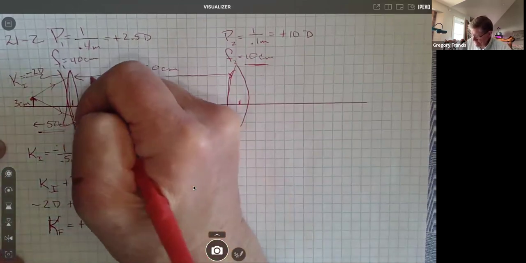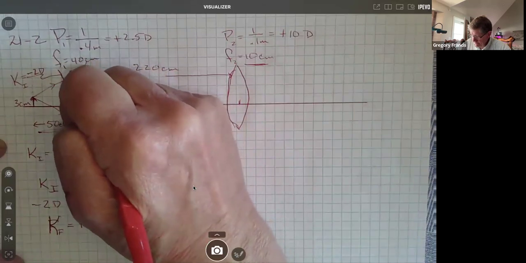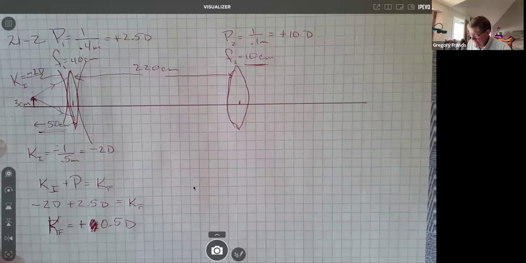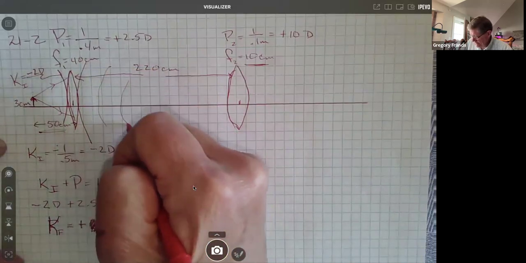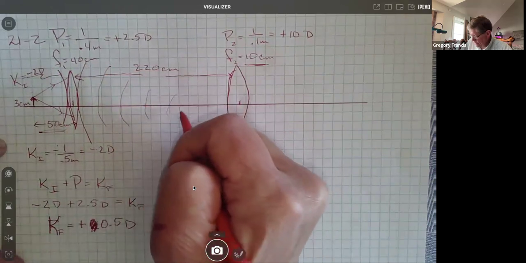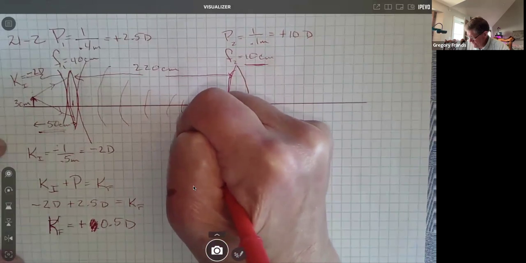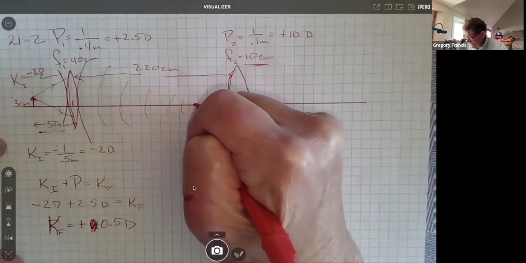Now, a positive 0.5 diopters, well, that's not much curvature, but it's positive curvature. And that means it's going to be converging over here. Okay. And the question is, where does it converge? Where's the point where it's going to form a real image?